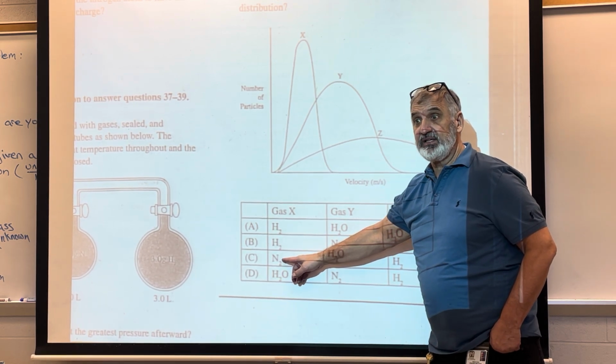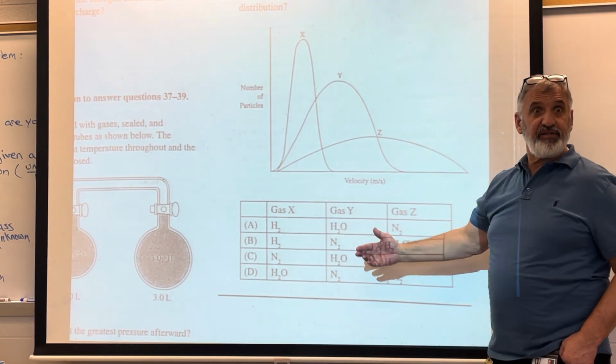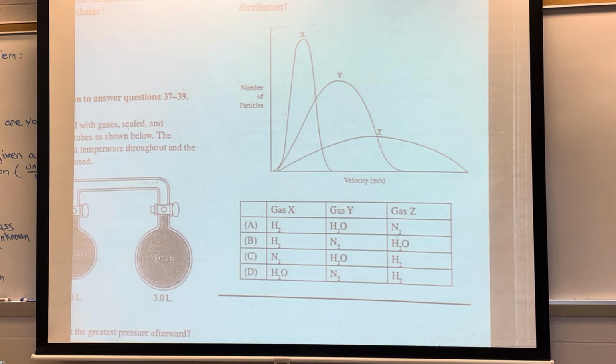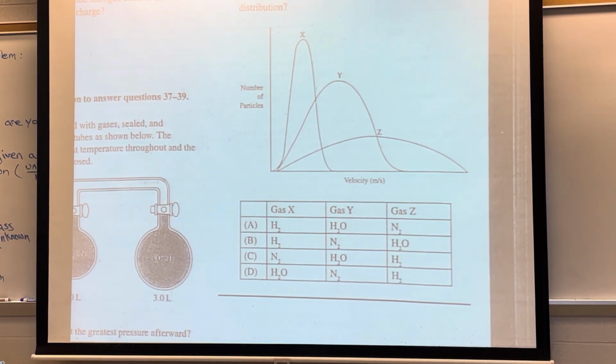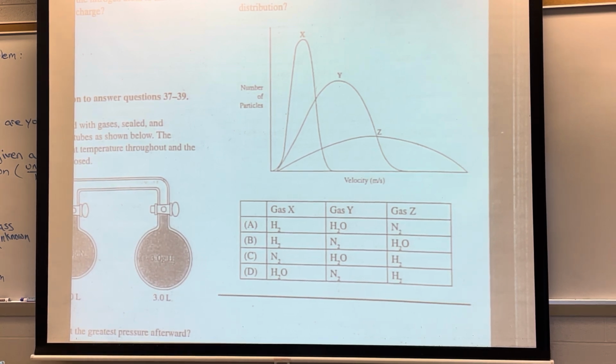Nitrogen's the heaviest, so it's got to be X. Water vapor is 18, so it's the middle. As much as we've gone over the Maxwell-Boltzmann graph, that should be easy money too. But I see a lot of y'all making changes and notes on this one.